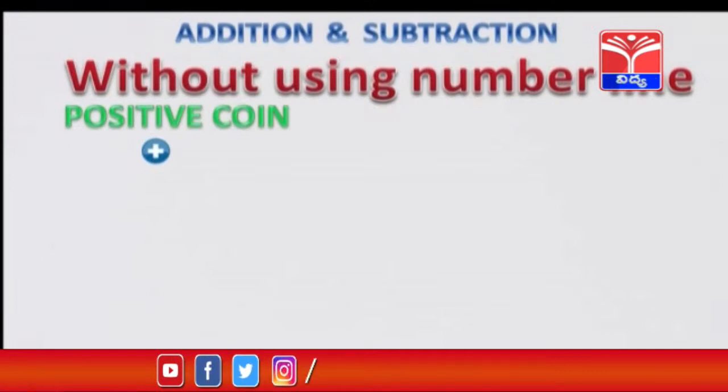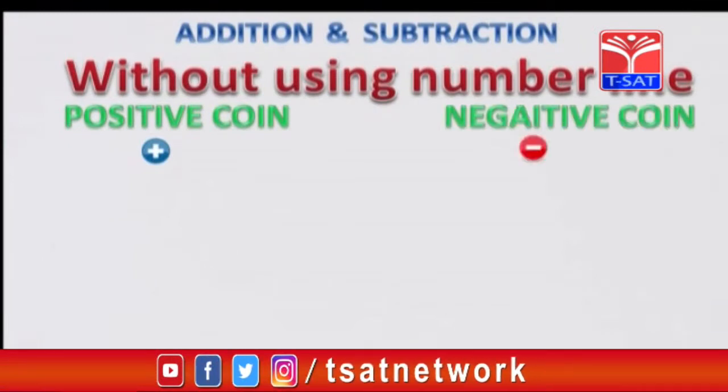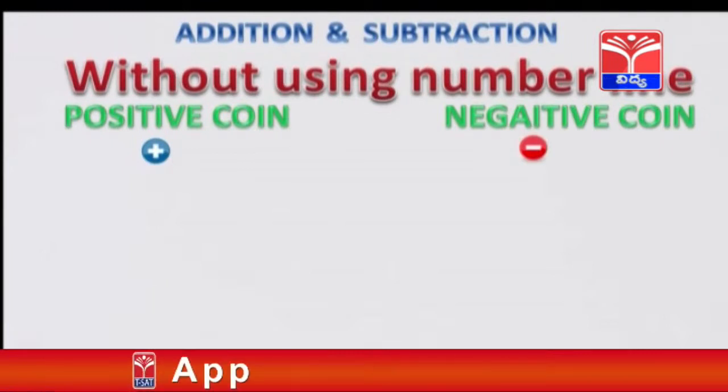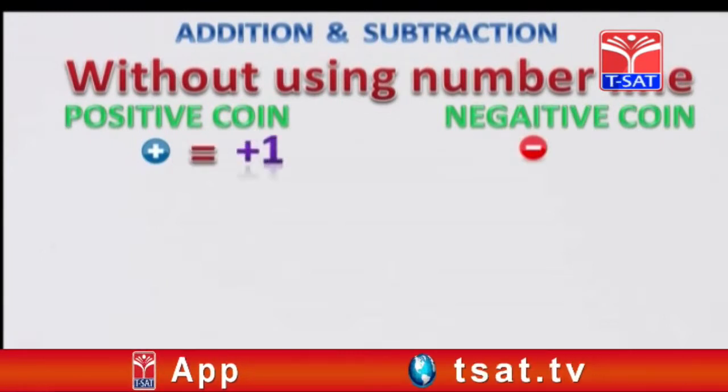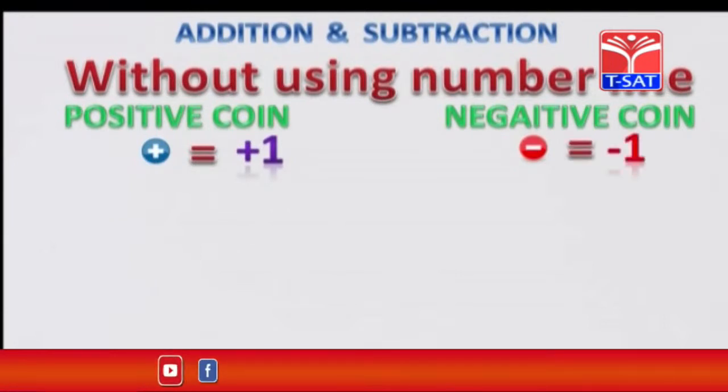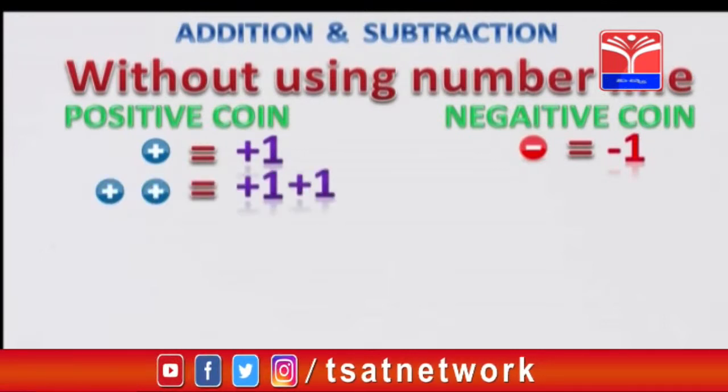Okay, let's do addition and subtraction without using number line. For this I introduce 2 different kinds of coins, a positive coin and a negative coin. A single positive coin represents +1 and a single negative coin represents -1. If you take 2 positive coins, it is 2 positive ones, simply +2.